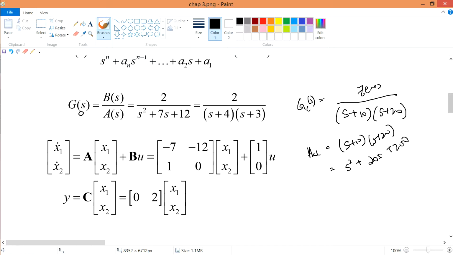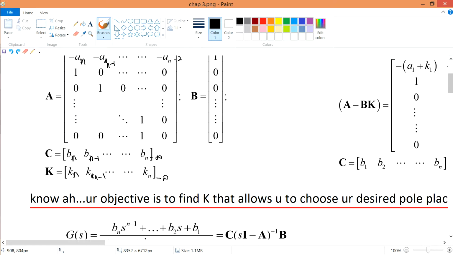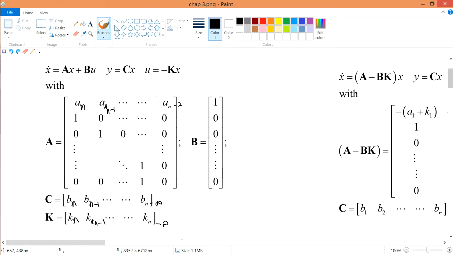In order to find K, which is a matrix, we're gonna use something with the same meaning as x1 and x2. If you remember from the previous video, we're gonna continue with the state space. We don't need to convert using the old method of the state space; rather we can use the canonical general form to represent our state space, taking note that this is minus an all the way to minus a1.